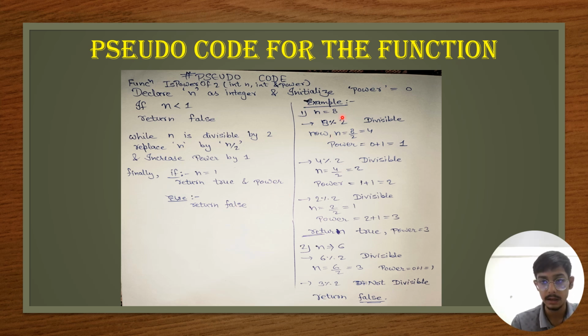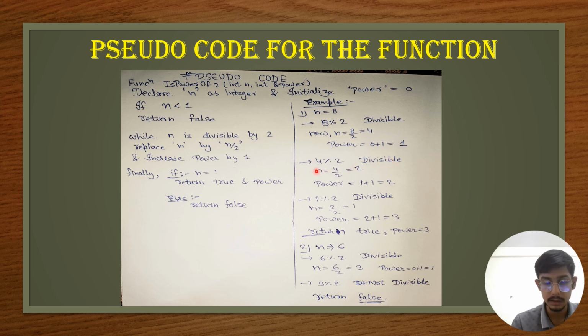So let's take an example. Here we have first taken 8 as an example. At the first step, 8 is divisible by 2, so we replace n by n divided by 2, that is 8 by 2 equal to 4, and power is increased by 1. Moving on to the next step, n equal to 4 is also divisible by 2.